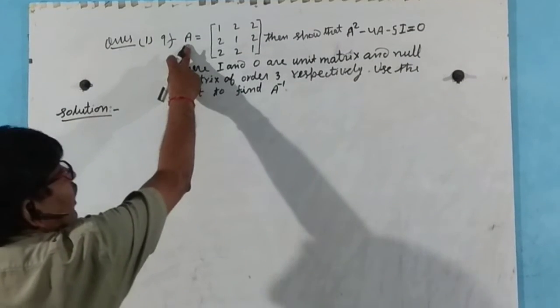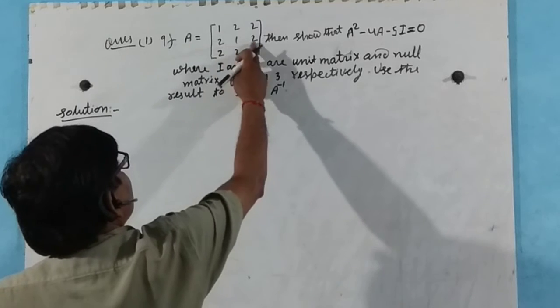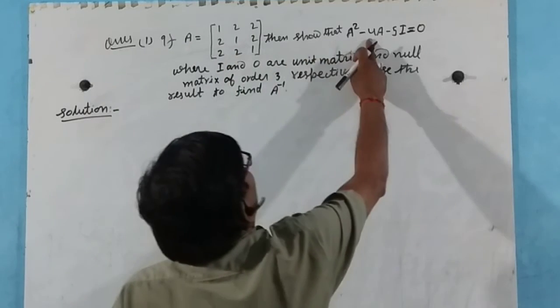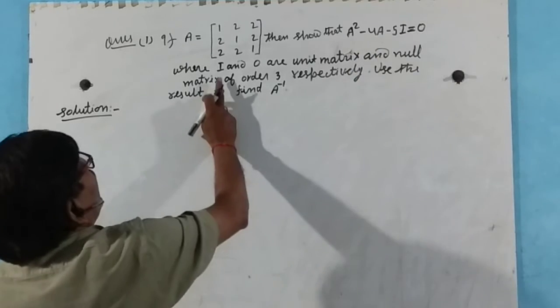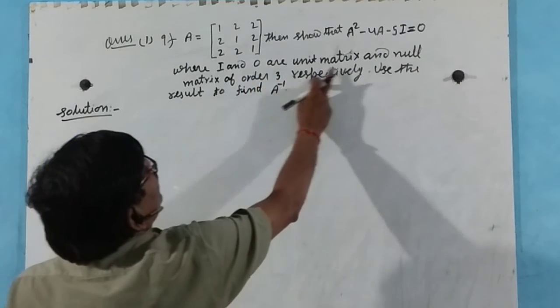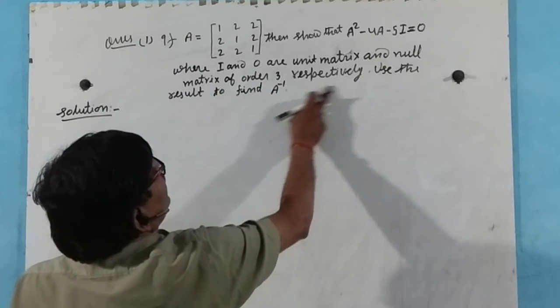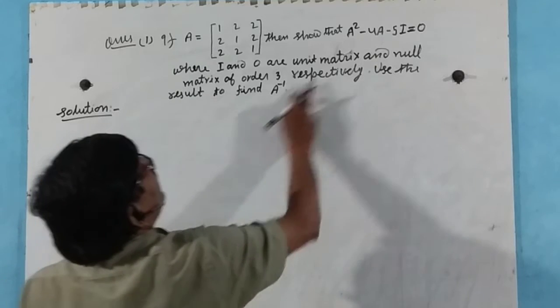Now question number 1. If matrix A is 1 2 2, 2 1 2, 2 2 1, then show that A square minus 4A minus 5I equal to 0, where I and 0 are the unit matrix and null matrix of order 3 respectively. Use the result to find A inverse.